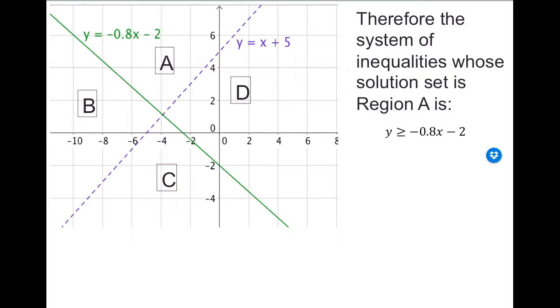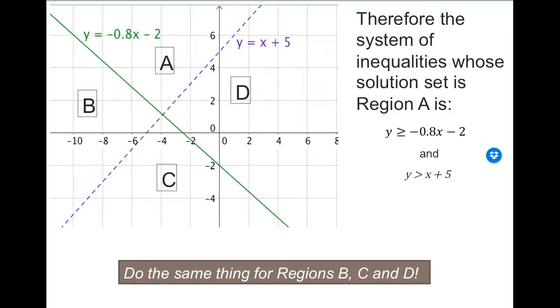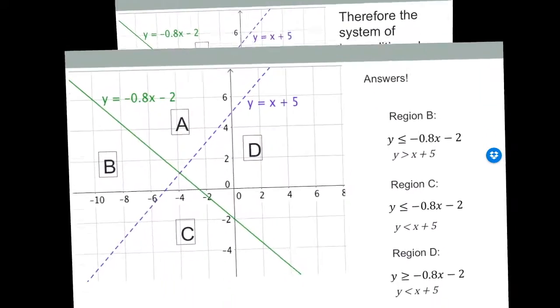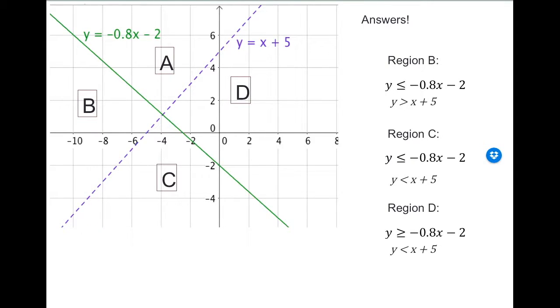So the system of inequalities whose solution set is region A, the answer that you would have to give, is y is greater than or equal to negative 0.8x minus 2 and y is greater than x plus 5. It's up to you now to do the exact same thing for regions B, C, and D. And these are the answers that you should have gotten.